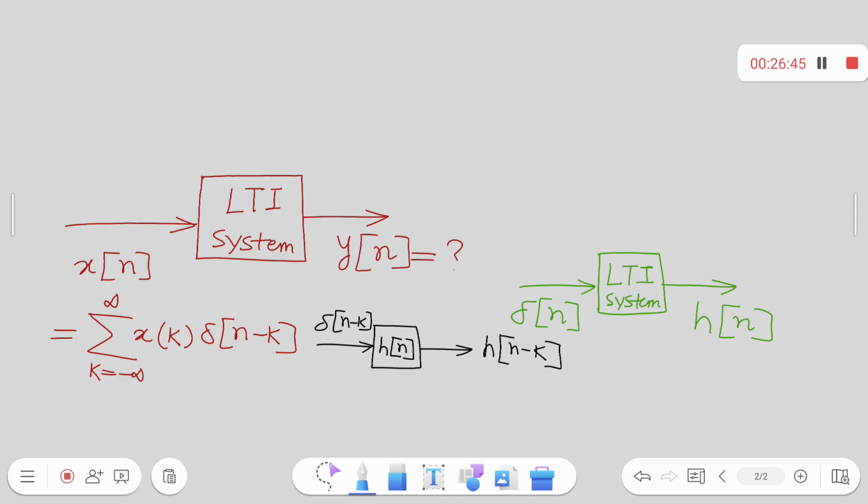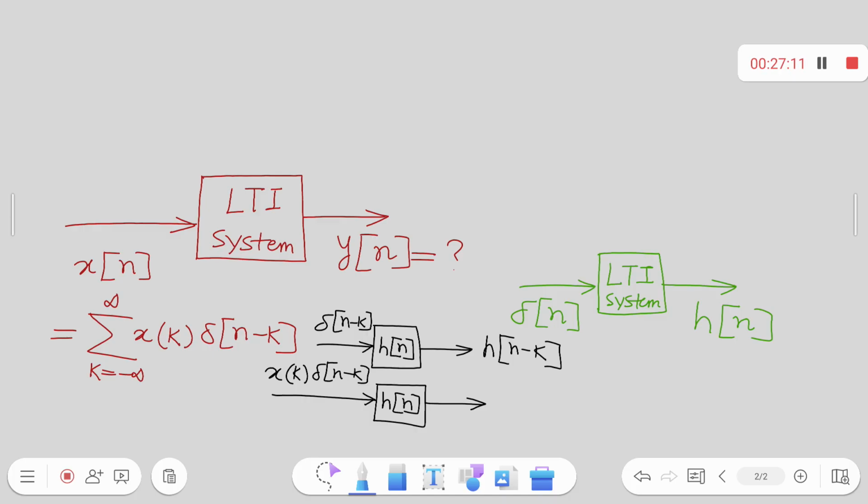Okay. Now suppose the same system, h of n. Now your input is delta n minus k, and I multiply this with x of k: x of k delta n minus k. What should be the output then? Which property should you apply here?